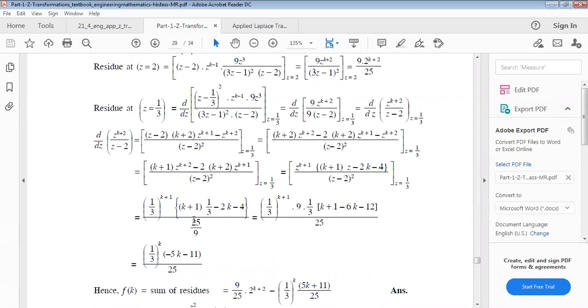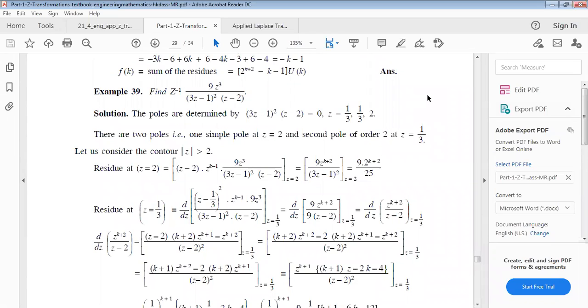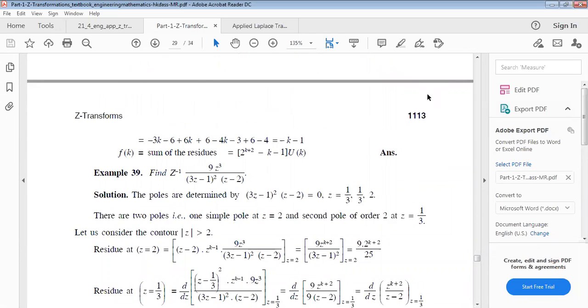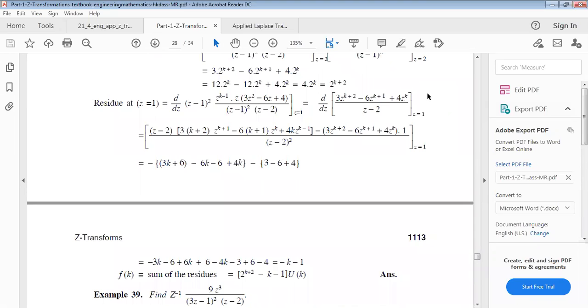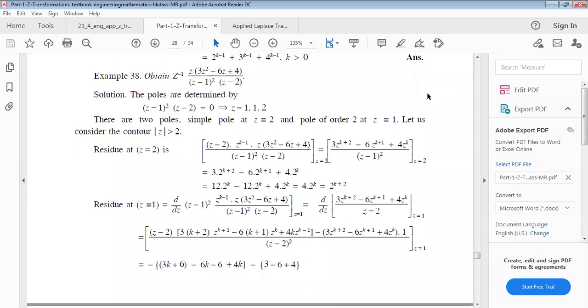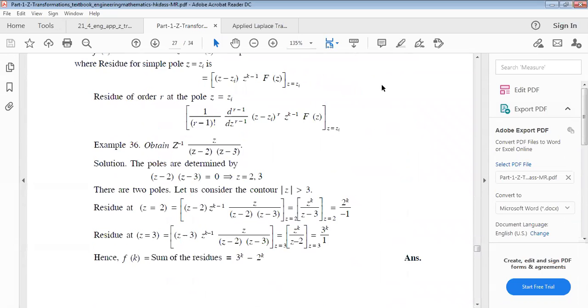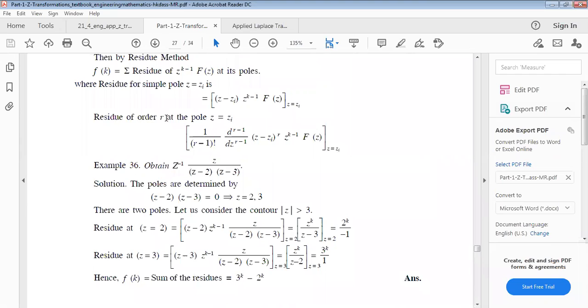Now, actually 38 is a little bit different, using the second method, the residue of order r at the pole, using this one.